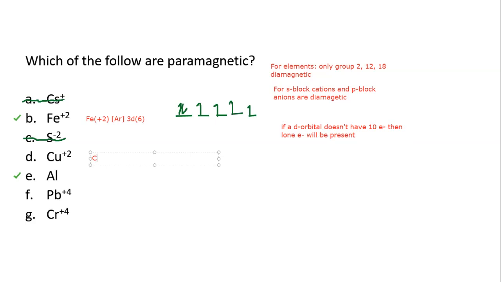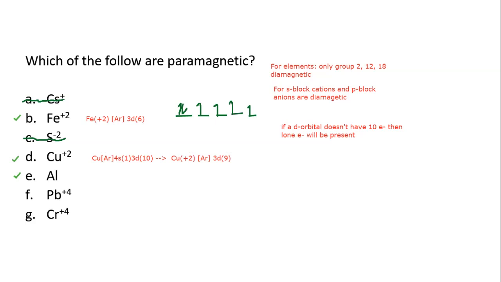We know that copper is argon 4s1 3d10, because remember it's an exception. You have a half filled S and a completely filled D. Now copper 2 plus, we remove from the S first, then the D, we get argon 3d9. So since the d orbital is not completely filled, it's going to have lone electrons. It's paramagnetic.